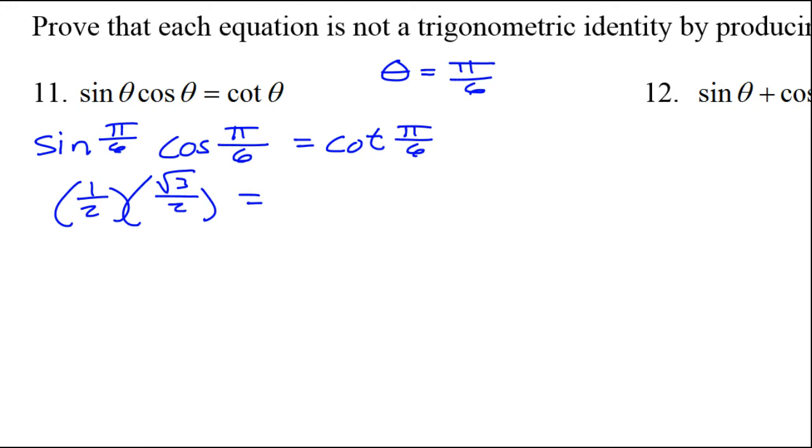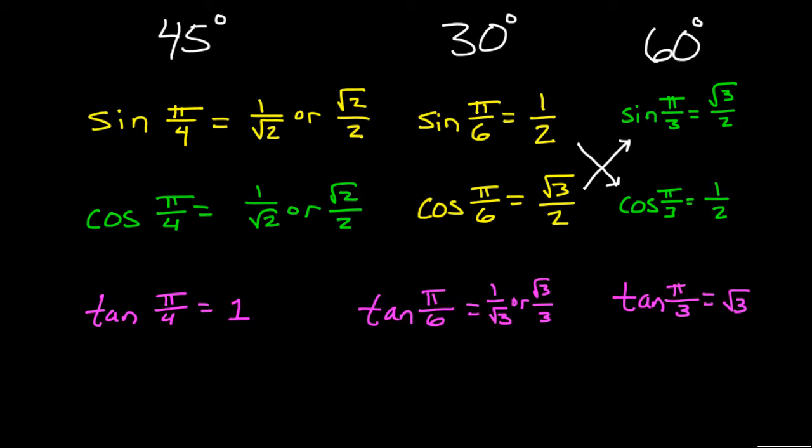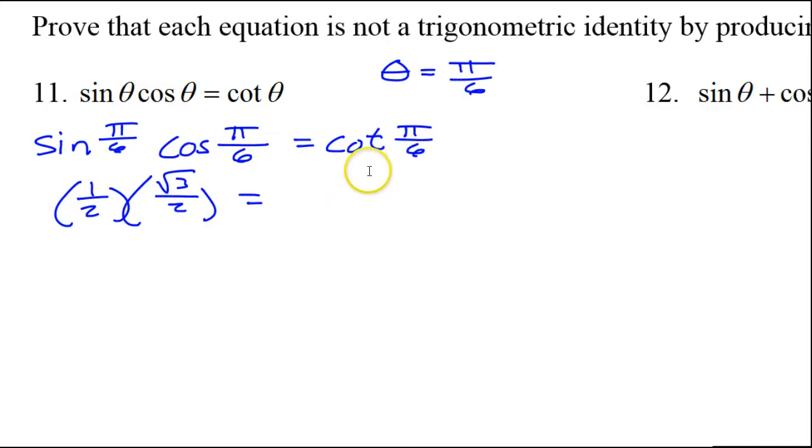Now, cotangent of pi over 6, let's glance at the chart. Cotangent is the reciprocal of tangent. Tangent of pi over 6 is 1 over radical 3. So cotangent would be the reciprocal, which would be radical 3 over 1, or better yet, simply radical 3. So the cotangent of pi over 6 is radical 3.